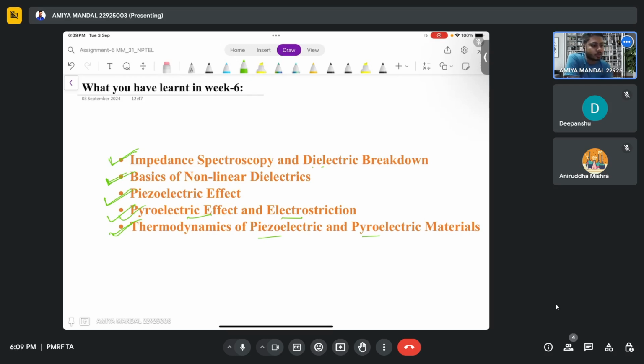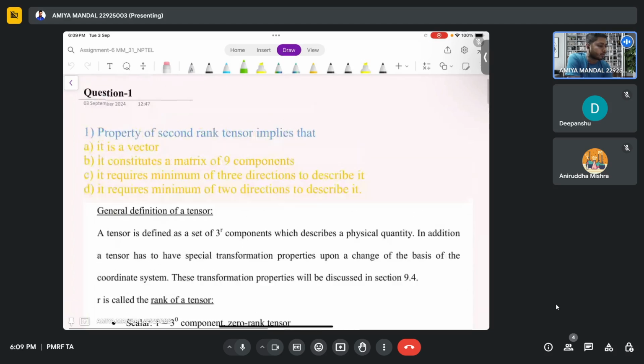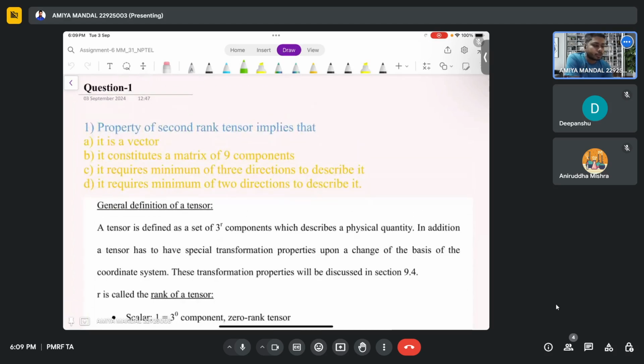Okay, so let's start with question number 1. Question number 1 is about the property of a second rank tensor. What is the rank of a tensor? What is a tensor? What is a scalar?